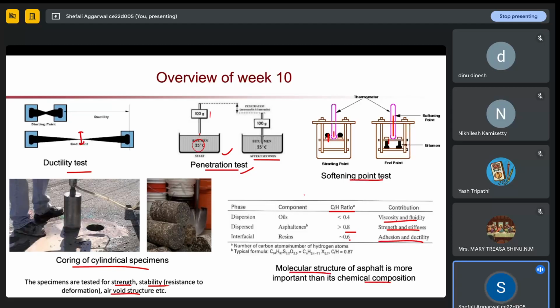This is like a carbon-hydrogen chain. The more the carbon, the longer the chain, the higher the C by H ratio. More C by H ratio means more strength, while a lower C by H ratio makes the material more viscous and fluid.